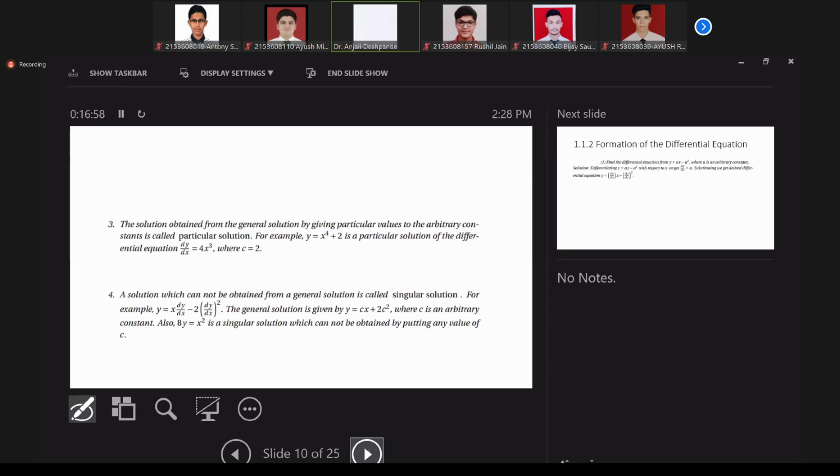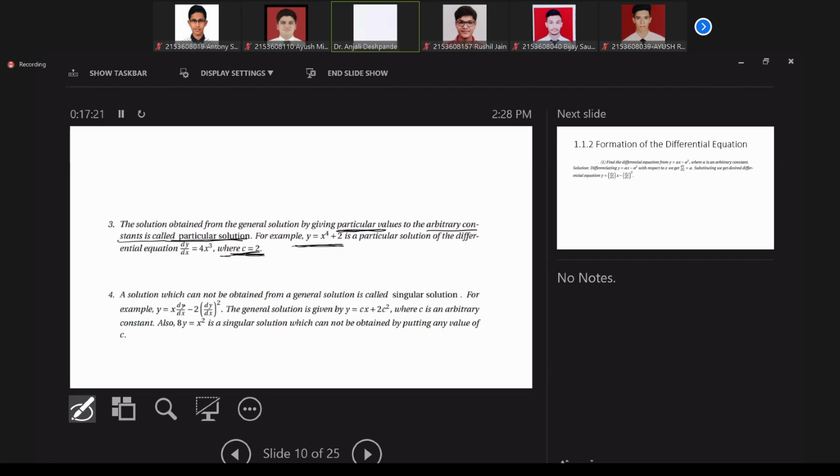Now this general solution becomes a particular solution when we give some particular values to the arbitrary constants. So if we give some particular value to the arbitrary constant, it is called a particular solution. This is one example of a particular solution where the arbitrary constant has been given a value of 2.